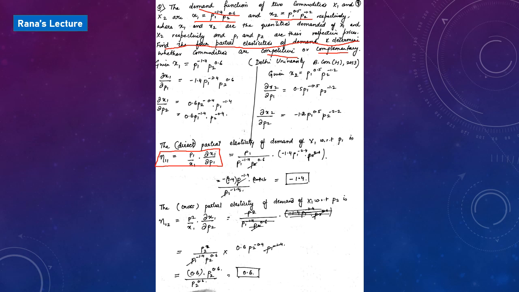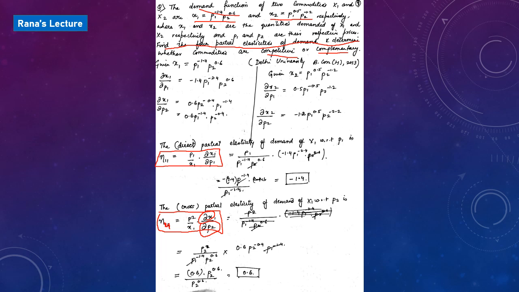Also eta 12. This is the cross partial elasticity of demand of x1. 1 is x1 and 2 is with respect to the price of the other commodity. So this will be delta x1 by delta p2 into p2 by x1.